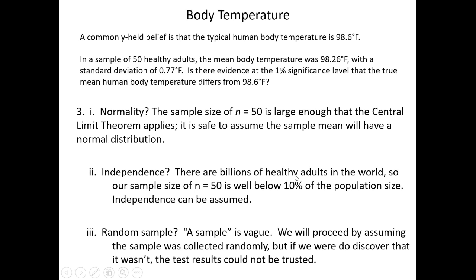And of course, if we're looking at healthy adults, there's billions of them in the world, so we're not even close there. Lastly, our data needs to be unbiased, so from a random sample of the population. All we know about this sample is that they're healthy adults only. So as long as we keep our inference restricted to healthy adults, we're probably okay if we assume that it's a random sample from that group.